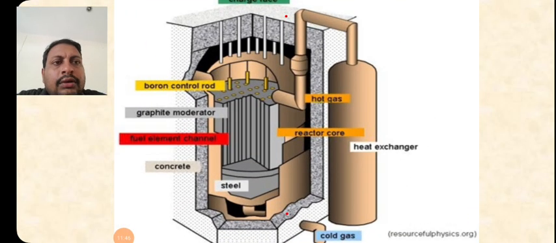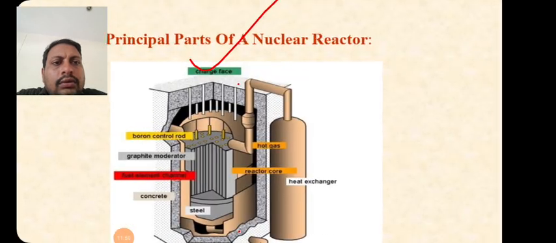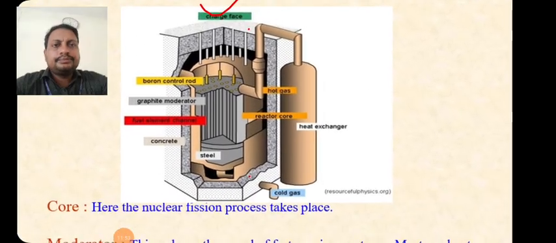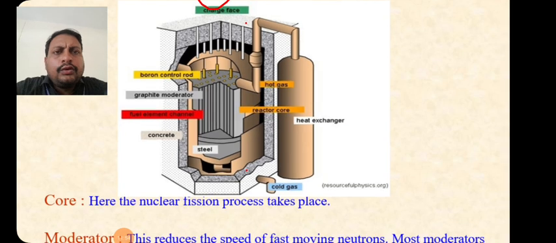You may observe the diagram. This is about a nuclear reactor. In this nuclear reactor we have control rods, then we have a moderator, right? We have fuel rods. One shield is there.